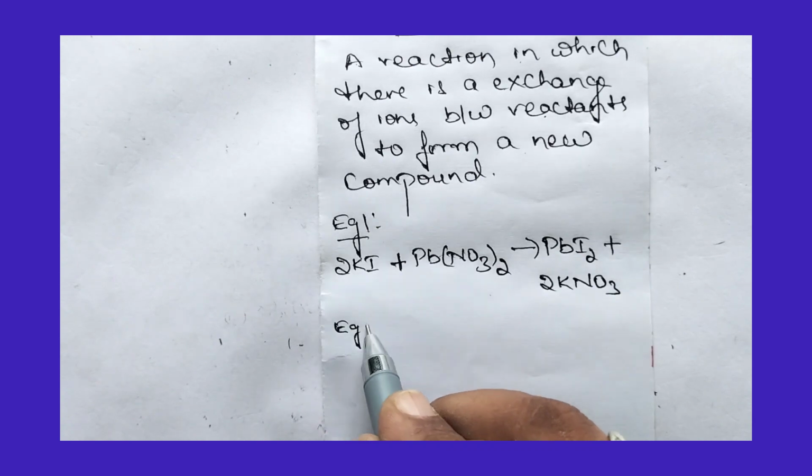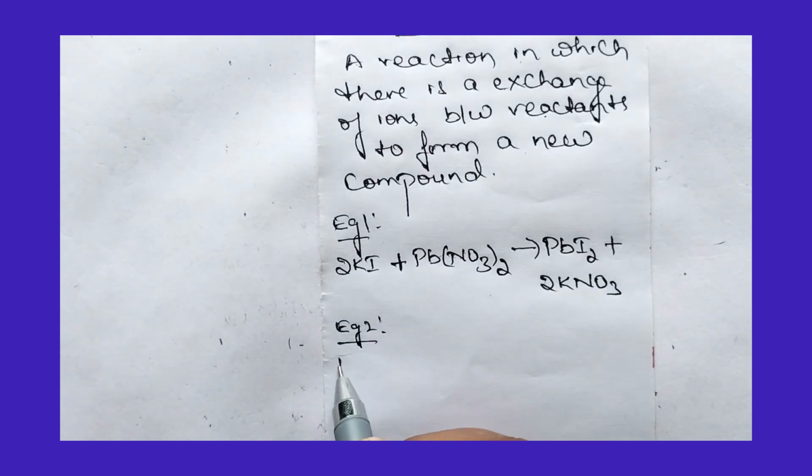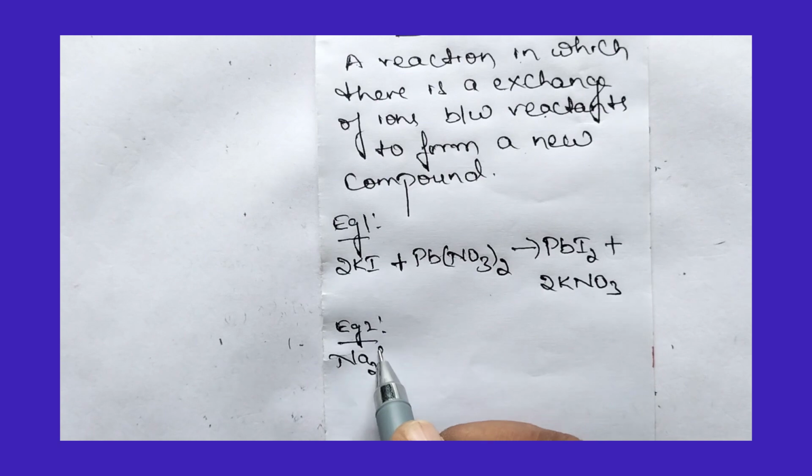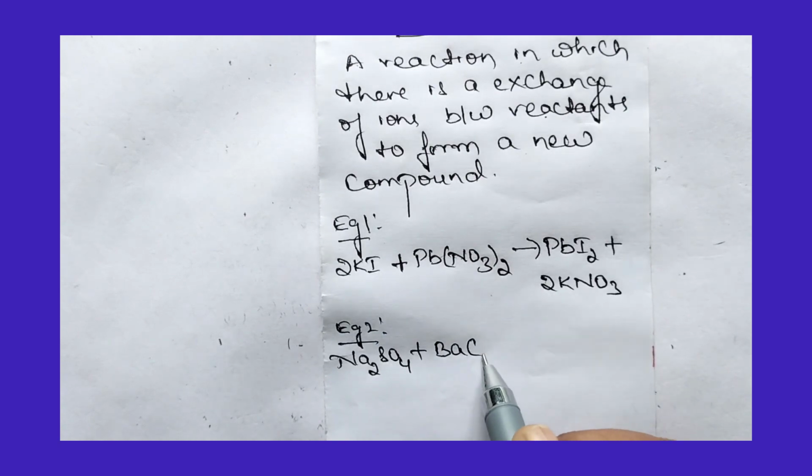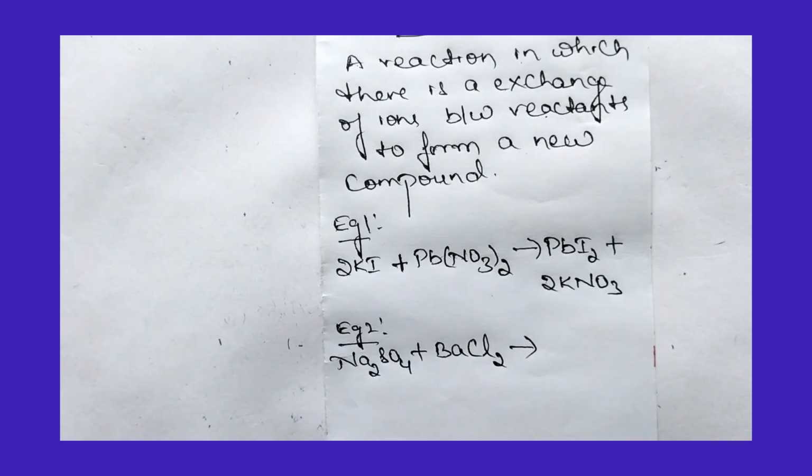Example 2, let us take. Sodium sulfate, Na2SO4, plus barium chloride, BaCl2. So here these two are the reactants. In these reactants there will be an exchange of ions.